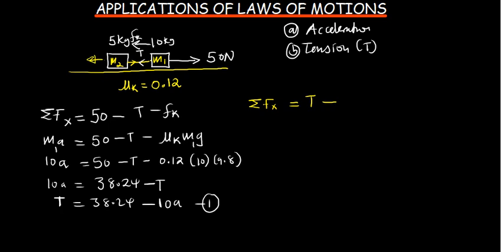Net force, by Newton's second law, is mass times acceleration, and that will be equal to tension minus mu k times mg. So the mass, that is the 5 kg mass, 5 multiplied by acceleration, is going to be equal to tension minus mu k, that is 0.12.